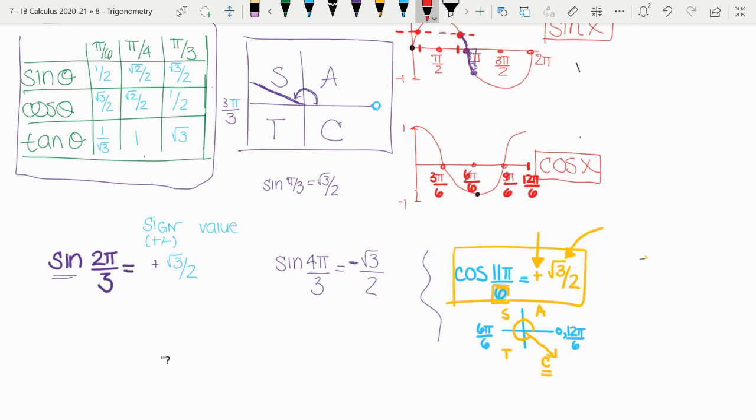So if I am looking at where 11 pi over 6 is on my axis, it would be here. And so see again the cyclic nature. It is one increment to the left of 12 pi over 6, which means it's going to be equal to that one increment to the right of 0. And so that's why I can use the reference angle of pi over 6.